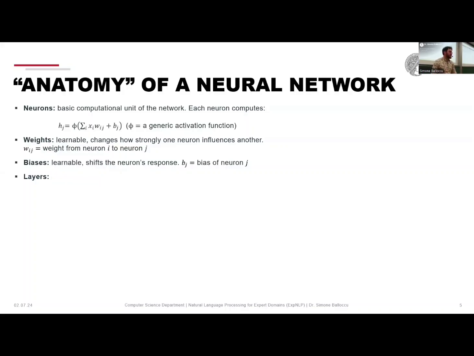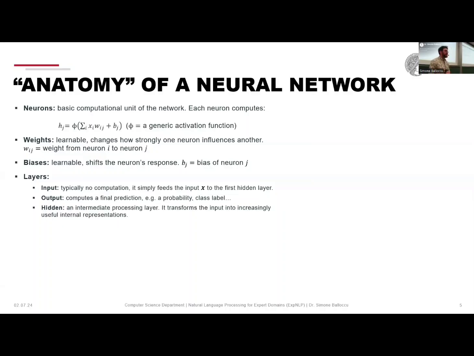Then we have the layers, and with the layers, we need to understand what we mean by each single thing. We have the input layer, which typically does no computation. The only thing it does is take an input and pass it to the network, okay? We have the output layer, which is the one that computes the final response. So in our logistic regression, this could be the final part of the network that applies the sigmoid and outputs the probability, or the softmax layer, if we were talking about the categorical setup.